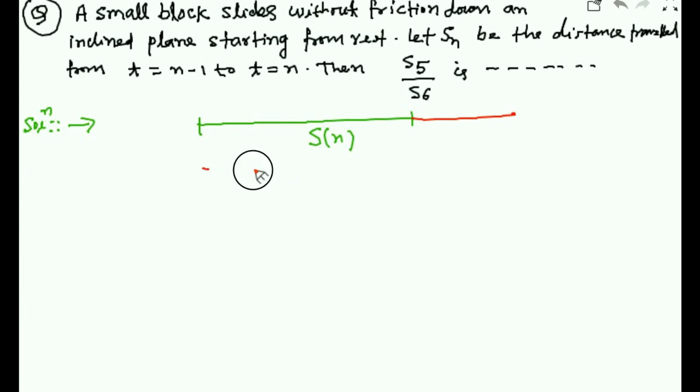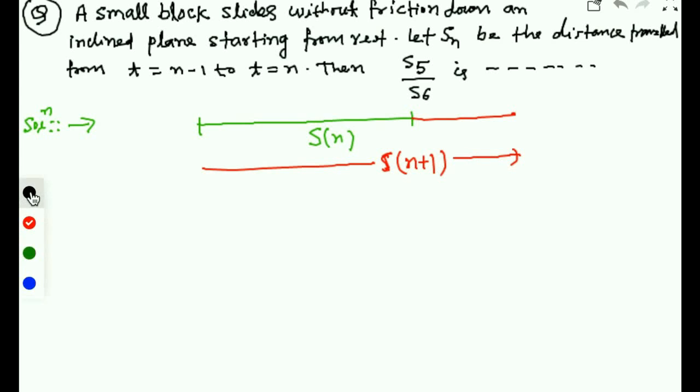Suppose that this distance is S n plus 1. This distance from here to here is Sn, the distance traveled in the nth second.